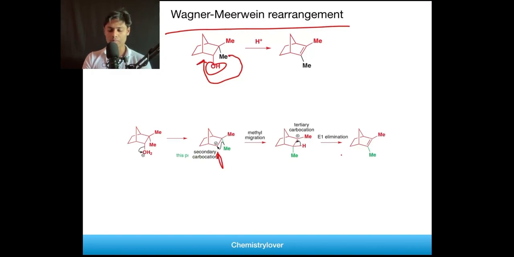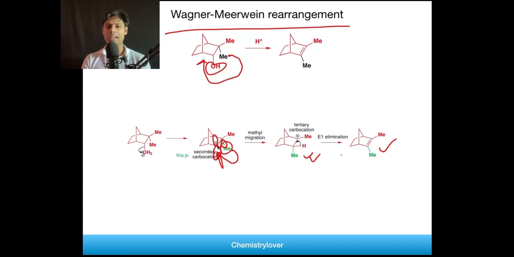Now this methyl group migrates toward this carbocationic center to give you this tertiary carbocation, and from this tertiary carbocation the proton gets eliminated to give you this double bond. This is the Wagner-Meerwein rearranged product. If you look at this, there is the empty p orbital, and this C-C sigma bond is exactly parallel to this p orbital, so migration is very easy in this case. So this is how Wagner-Meerwein rearrangement takes place.